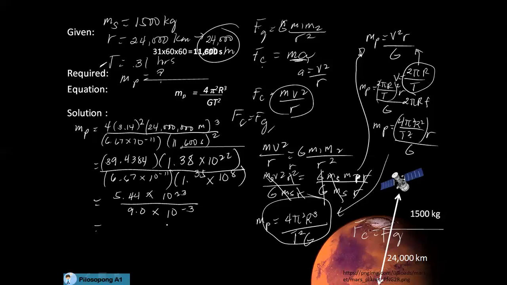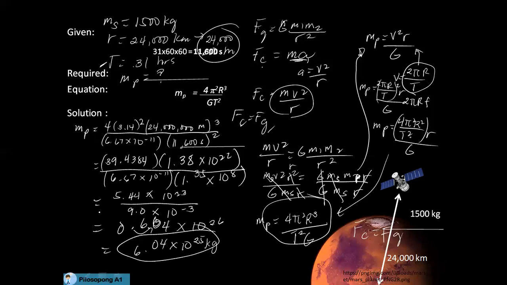So what will be the resulting mass of that planet? We'll have an answer of 6.04 times 10 raised to 25 kilograms. That will be the value of M.